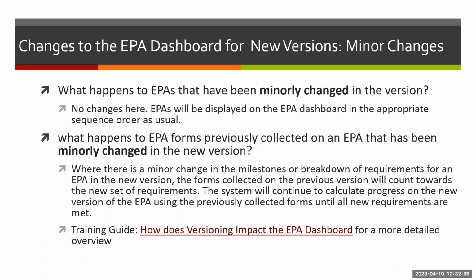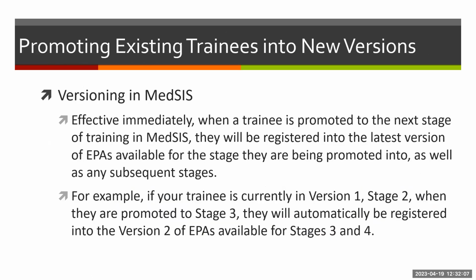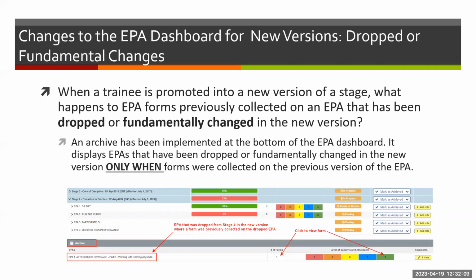So just to go back here on the previous screen, this is talking about fundamentally changed or dropped EPAs, but sometimes what will happen is they'll say, okay, EPA 1 OR day, they may actually just add a new requirement or change the way that it was written, but there have already been forms collected towards that particular requirement.